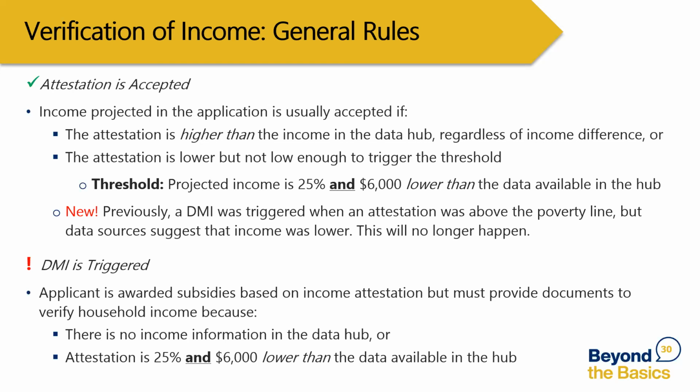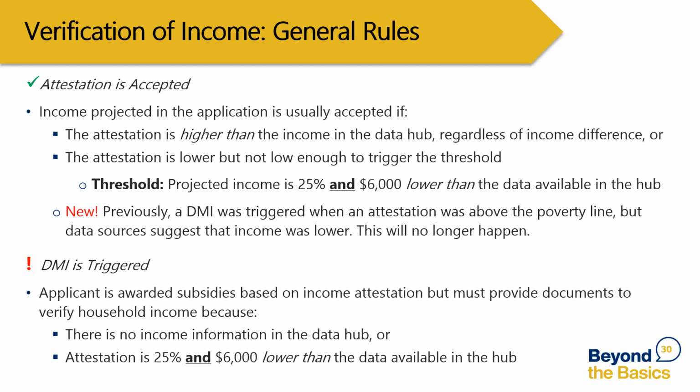So previously, there was a DMI that was triggered when an attestation was above the poverty line, but the data sources suggested that income was lower. And this is no longer going to happen. There was a court case that required CMS to change that provision. But when is a DMI actually triggered? What happens when it's triggered?